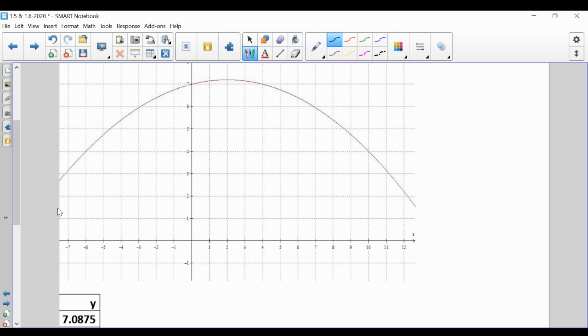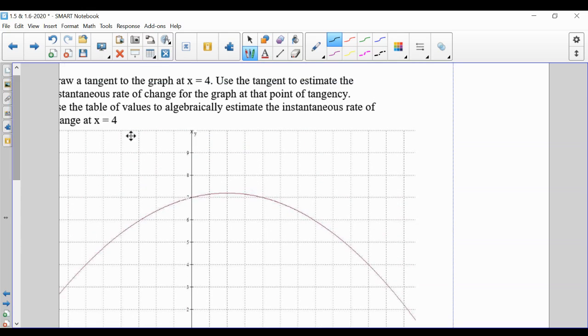So what I'm saying is that this graph that I'm drawing has a slope right at 4. So here's what I'm going to ask you to do. You can just use the screen that you're looking at right now to do this. And I'm going to use a line myself.